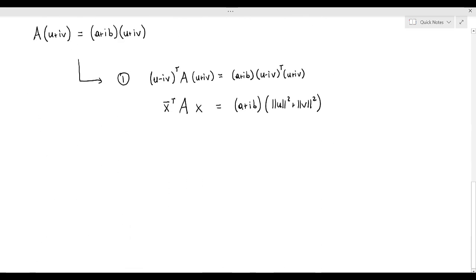Now I'm going to leave that for the moment, and do something else to this equation. What I'm going to do right now is transpose both sides of the equation. So when I transpose the left-hand side, we'll get u plus iv transposed first, then times A transpose.